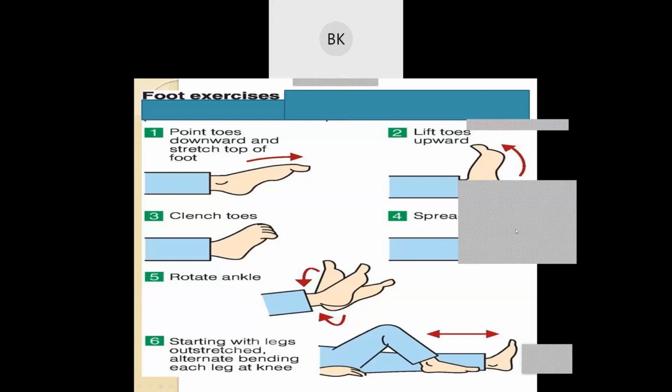Yes, ma'am. Okay, so in deep vein thrombosis, what occurs? I mean, what happened? It mainly occurs in the deep veins. What abnormalities are going on in this deep vein thrombosis?